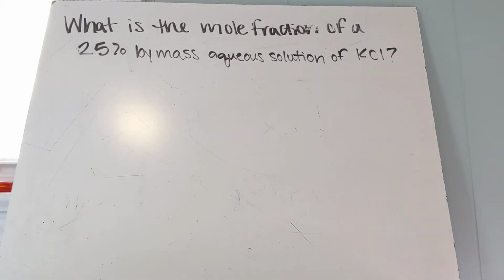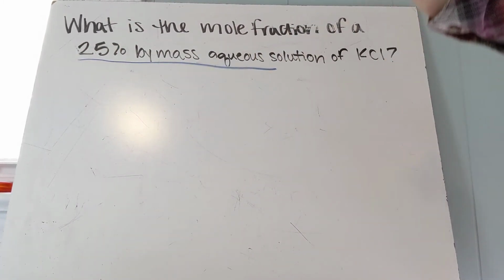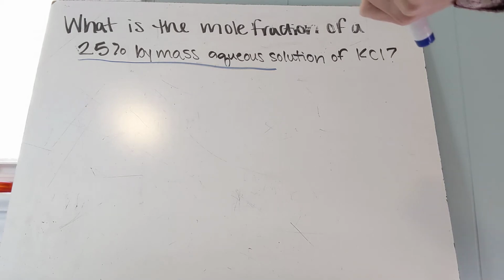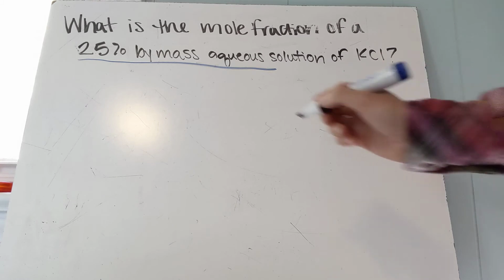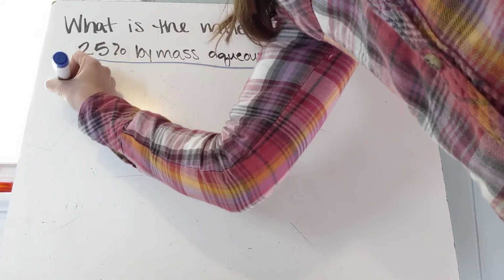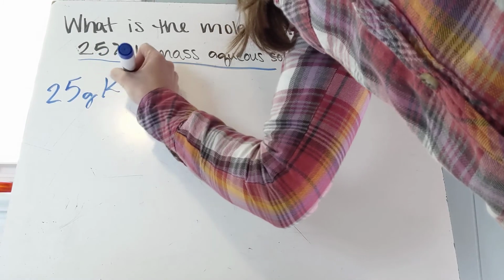All right, so this next problem wants to know the mole fraction of a 25% by mass aqueous solution of KCl. All right, so this problem gives us percent by mass. When it tells us percent by mass, we can make the assumption that in a 100 gram solution, 25 of those grams are KCl.